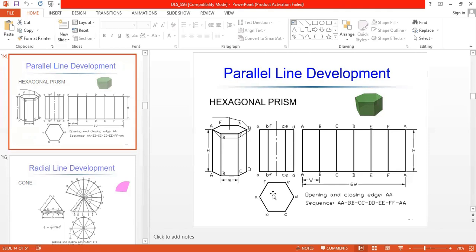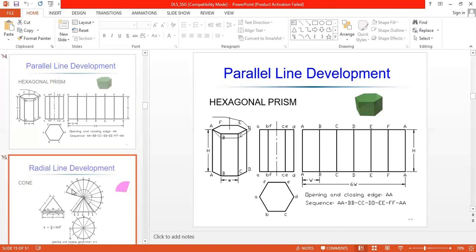Then we have opened this from A. So next, after A, there is B, then C, then D, E, and F. Then again we have to mark A here because we started from A. So the end is at A. This is very important. In this way, we can develop by the parallel line method.